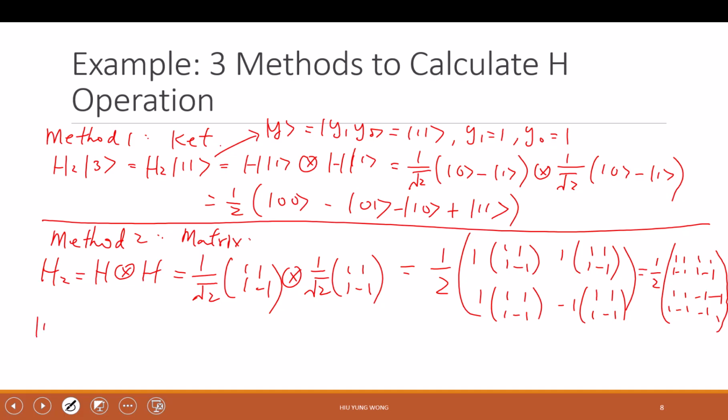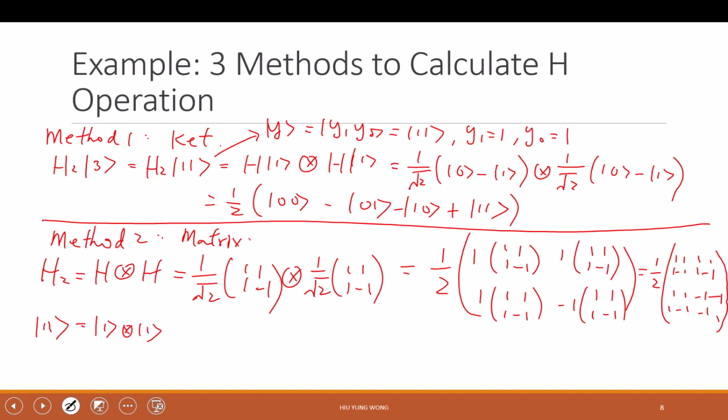What is 11 in this 4-dimensional space in vector form? It's not 1, 1, 1, 1. If you forgot, let's do a tensor product. This is 1 tensor product 1.